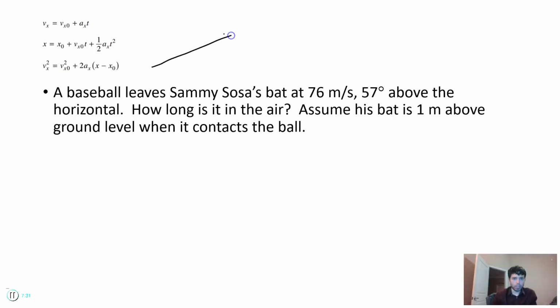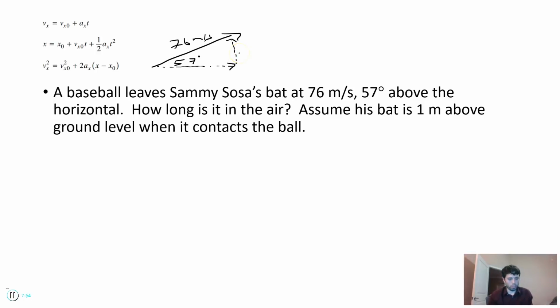So I'm going to draw the vector here. So 76 meters a second. And we have our components. We should always find components first. That's going to help us a lot. This angle is 57 degrees. I did not draw this very accurately. It should have been more like this way, but whatever. Just a drawing to help us show the diagram, so it's okay.